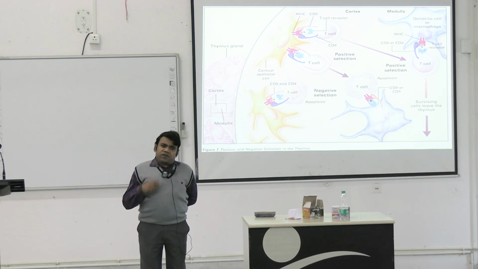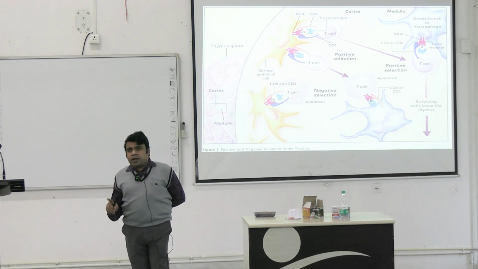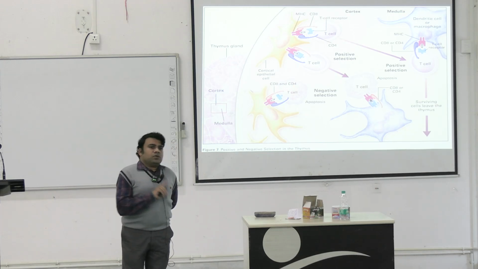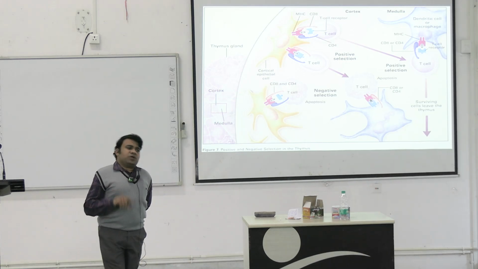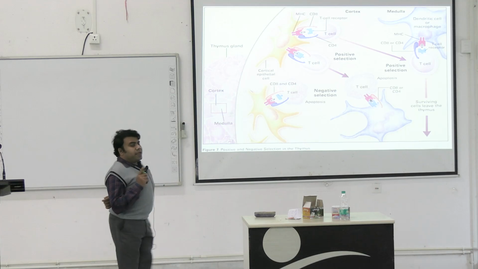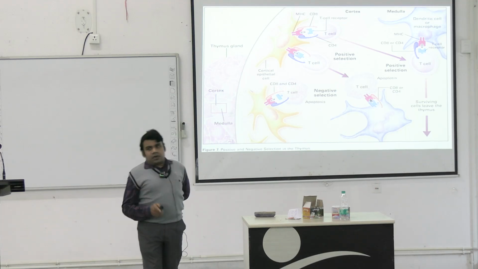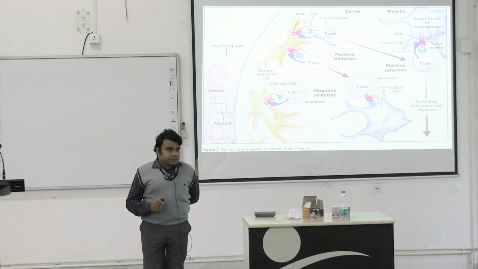So whatever T cells remain in the thymus will be able to bind with MHC molecule only. Understood? Because of this positive and subsequent negative selection, these T cells would not generally attack any human cell unless that cell is an infected cell or a malignant cell. Understood?